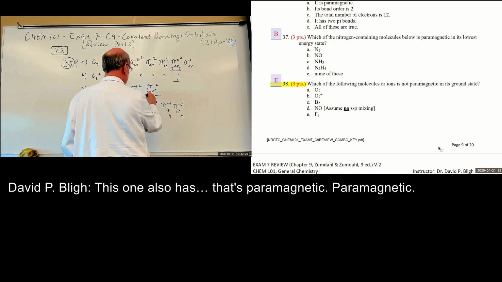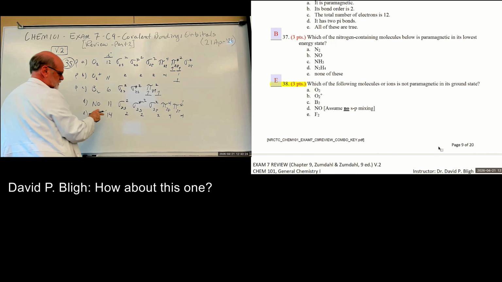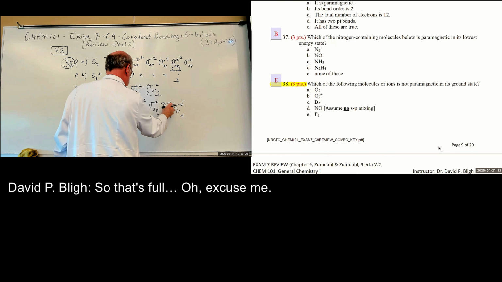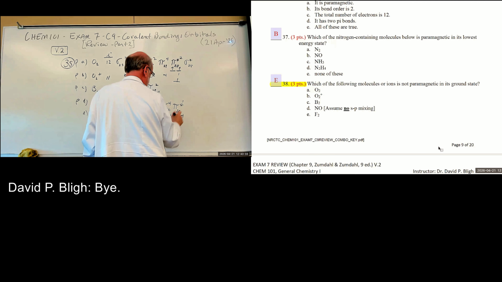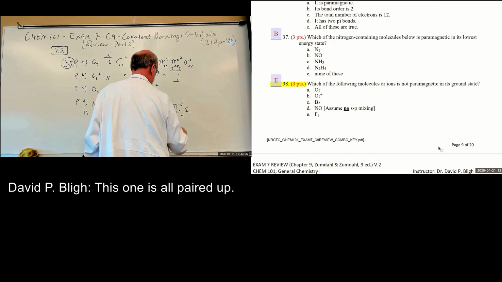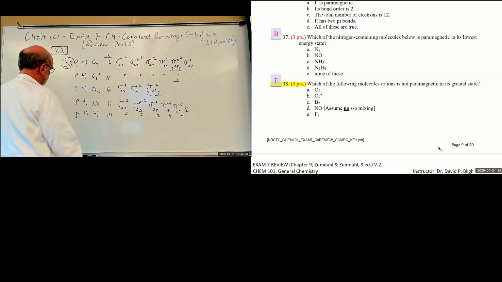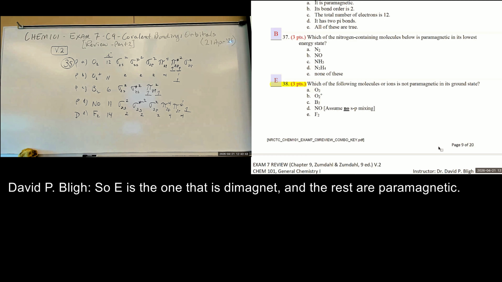This one also has, that's paramagnetic. But this one, so that's full, excuse me. This one is paramagnetic because that one's unpaired. Right. This one is all paired up. This is diamagnetic. So E is the one that is diamagnetic, and the rest are paramagnetic.